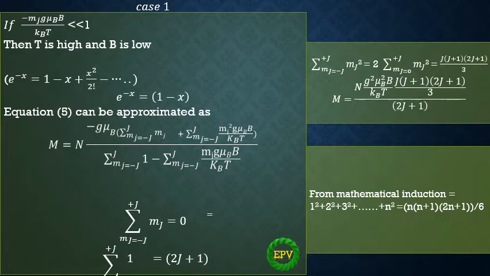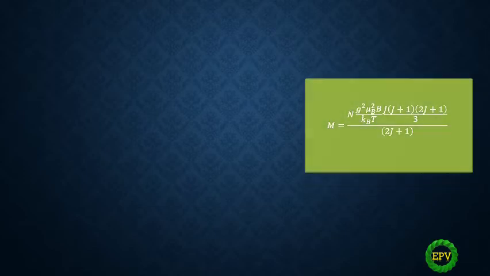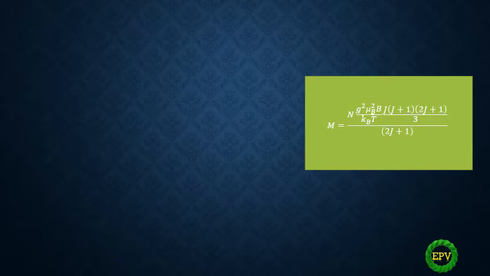Using this result, we get the final equation as M is equal to N g square mu B square B J into J plus 1 divided by kBT into 3. Equation number 6. Okay, now we find the paramagnetic susceptibility.